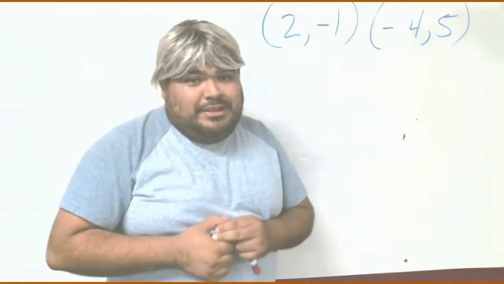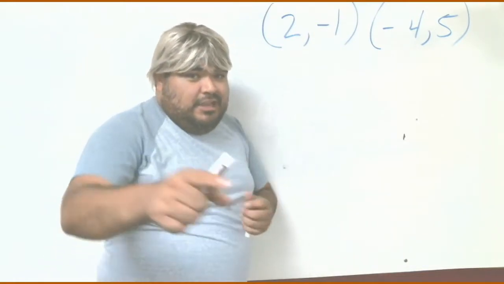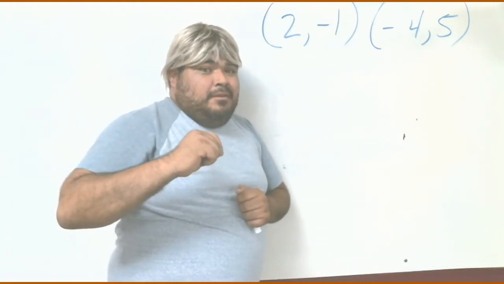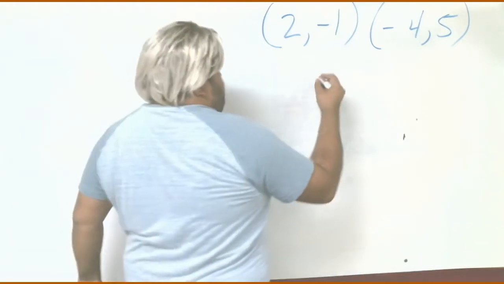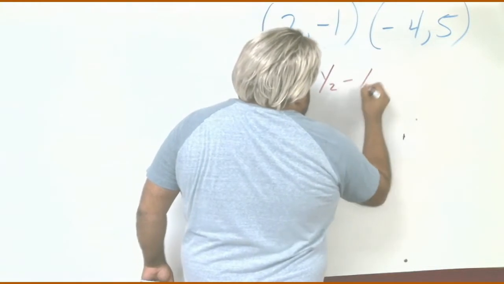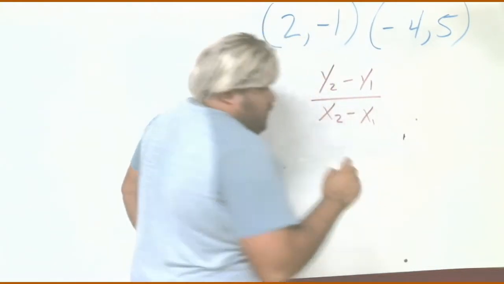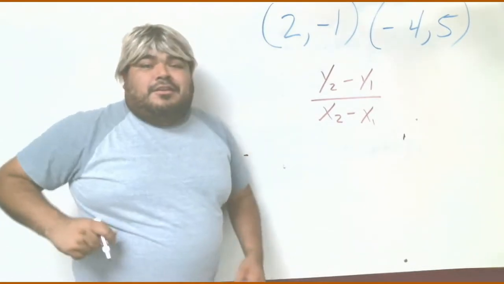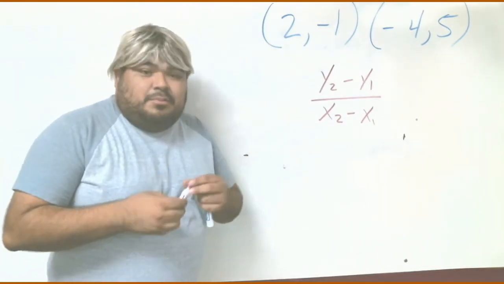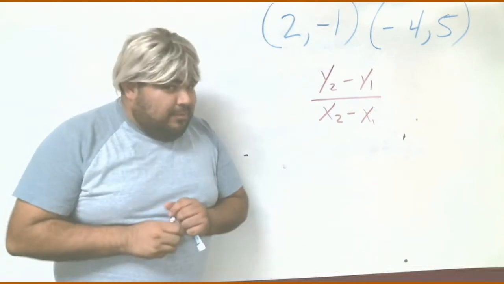Now that we have more points, we can use the formula. Do you guys remember the formula? Good, right? It's y2 minus y1 over x2 minus x1. Okay? So we can actually start plugging it in, but first we have to label them.